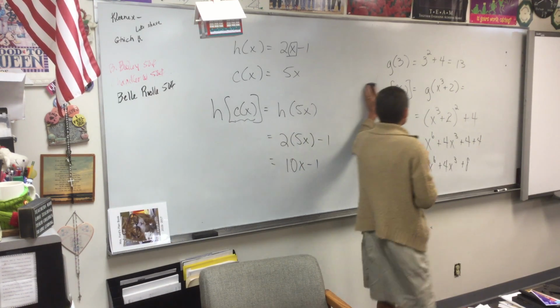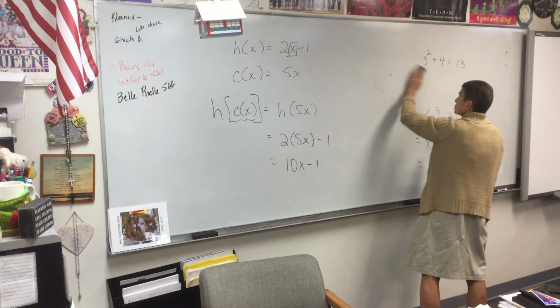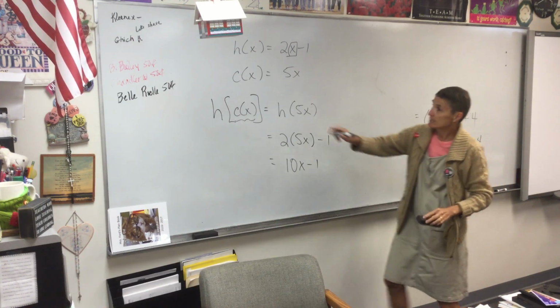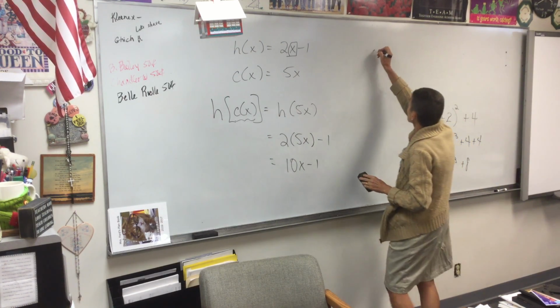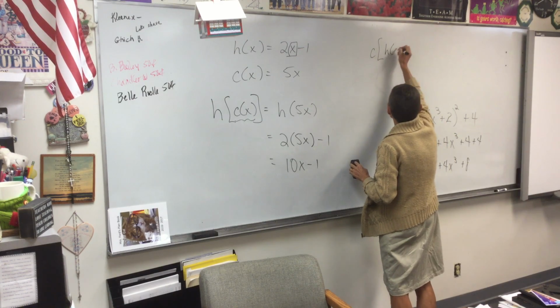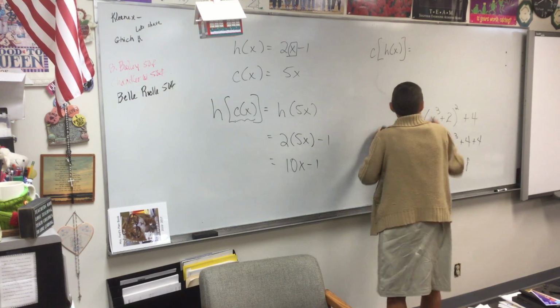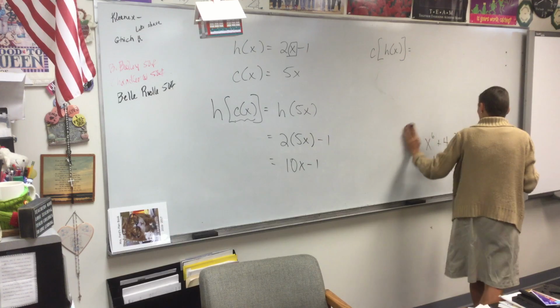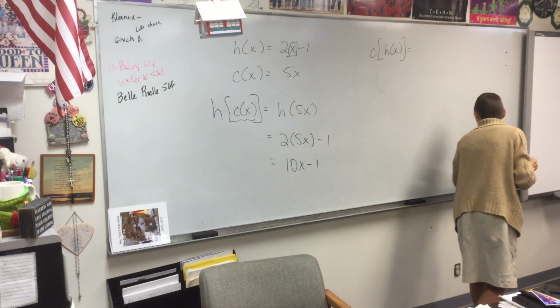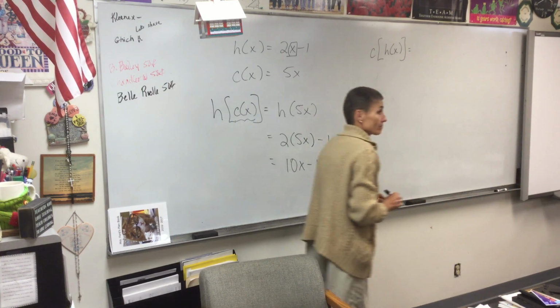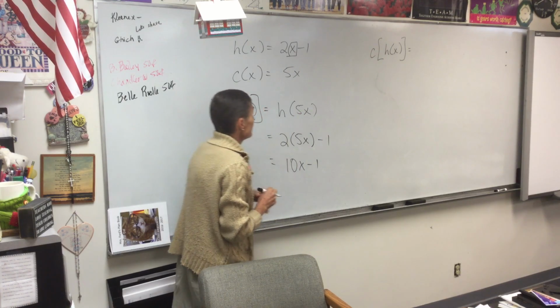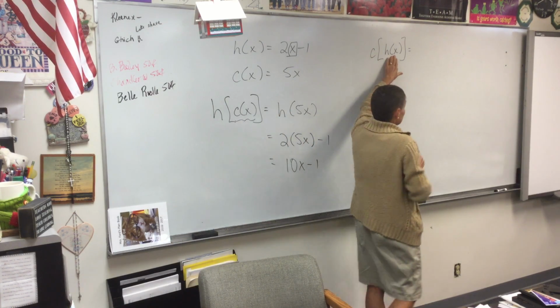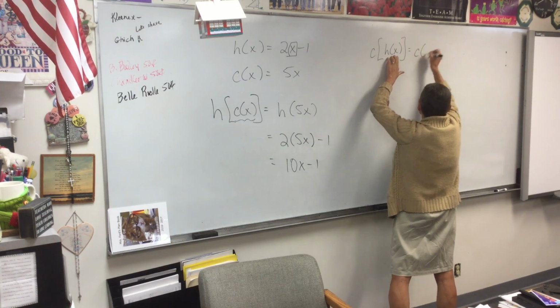What if we did it in the other order? So instead of saying h of c of x, what if we said c of h of x? Do you think it's the same thing? Do you think I'll get the same answer? Well, let's see. What's h of x? 2x minus 1.